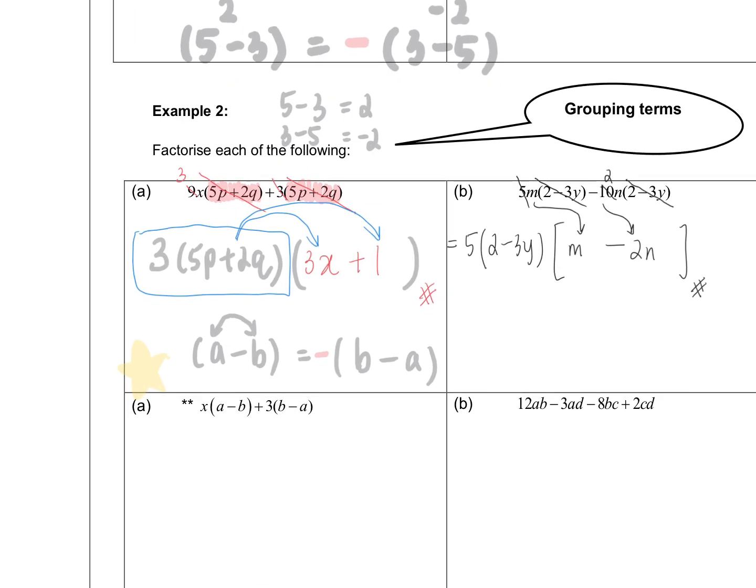So why I say this is because I have a same but different case. Can you see this one? Same, but it's different, right? So I cannot take it out unless they are exactly the same. So what I need to do is I need to reverse the sign of these two. So I need to change this to A minus B first. So when I swap this, you need to reverse the sign in front.